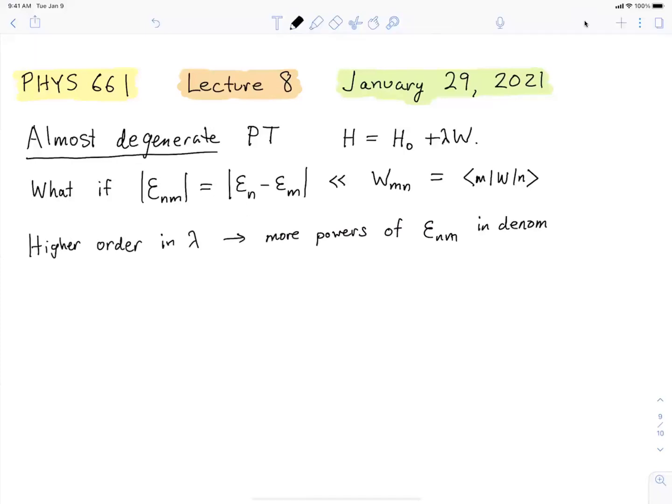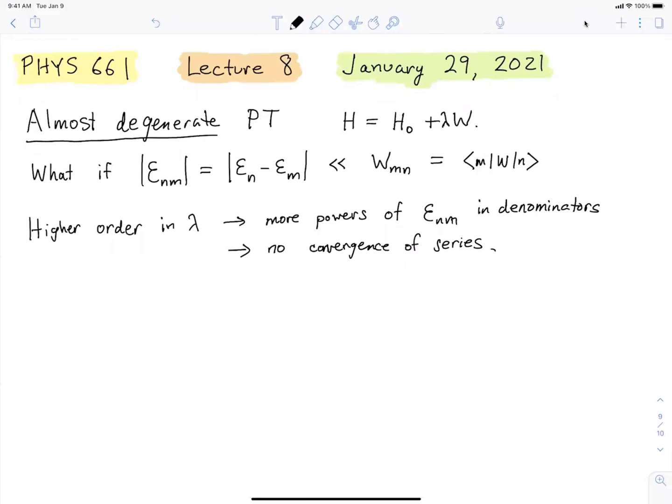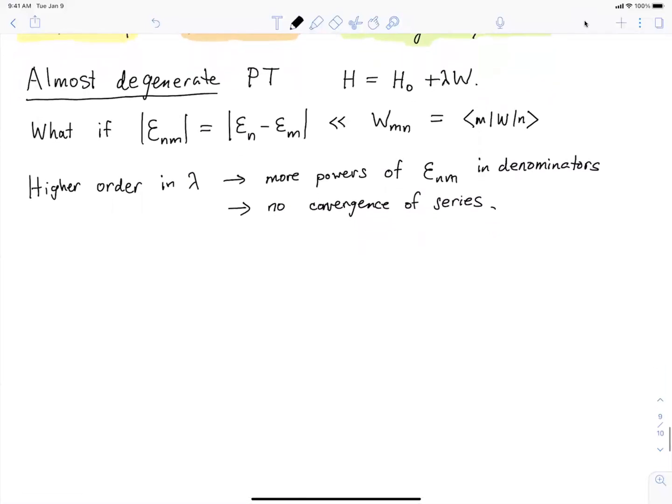And so if they're relatively small, then the terms will be getting bigger and bigger, not smaller and smaller, and so there will be no convergence of the series. Okay, so that's the problem that we have to solve with almost degenerate perturbation theory.